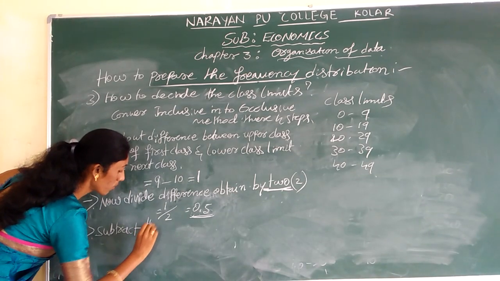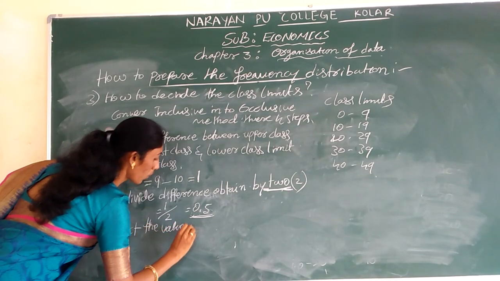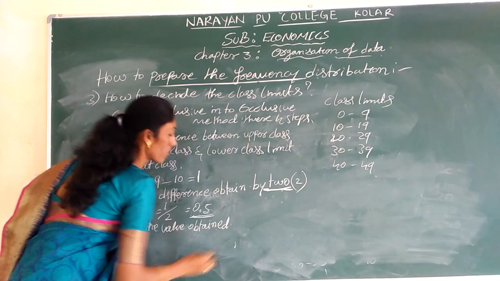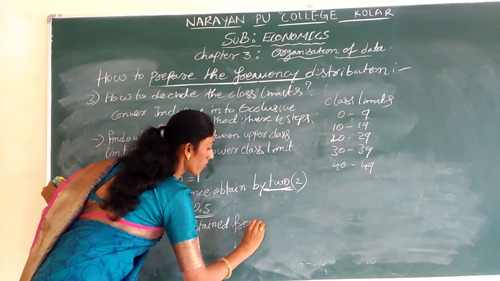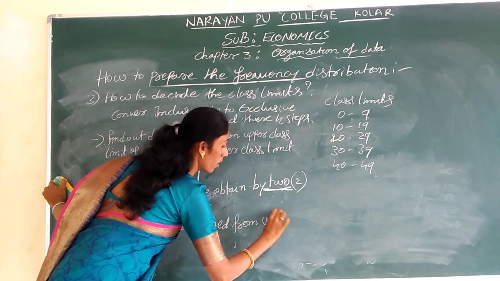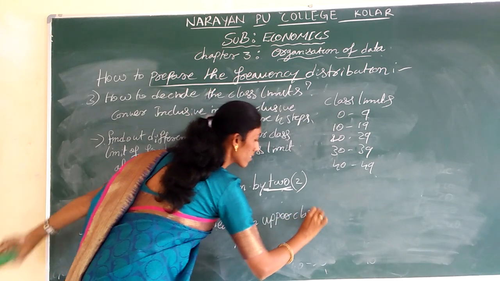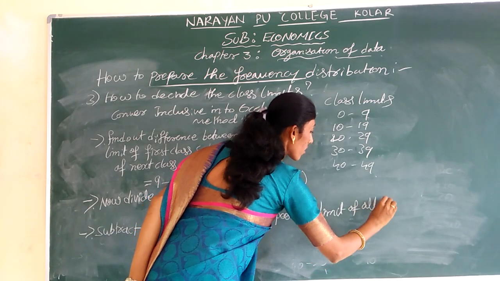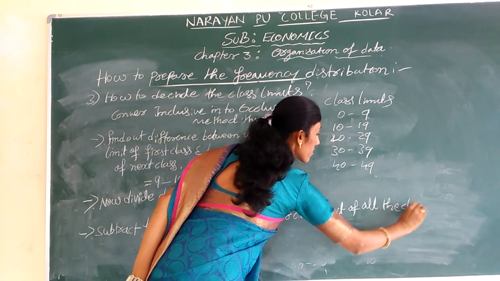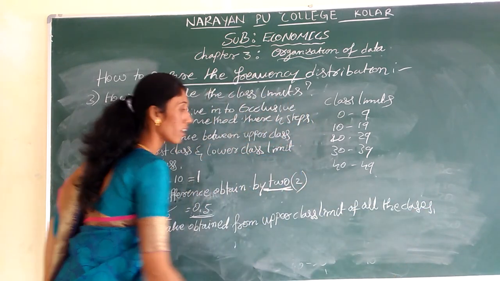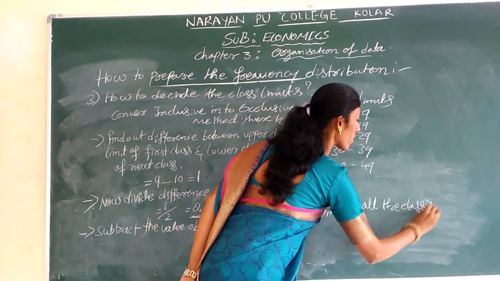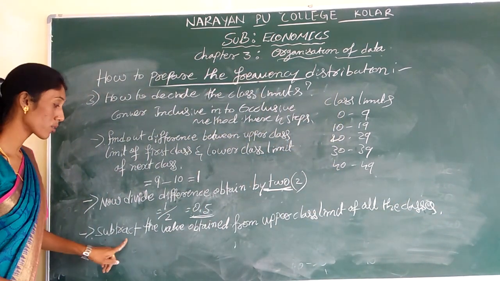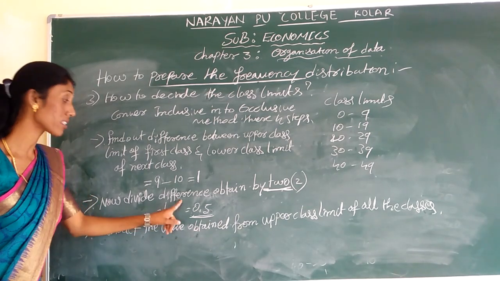The third main step is we need to subtract the value of time from the second step, the value from upper class limits of all the classes.